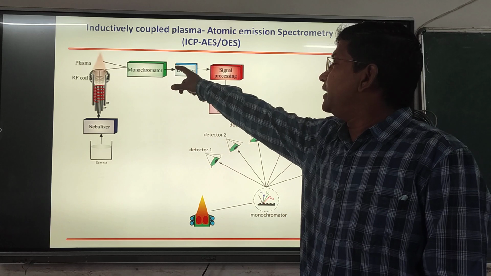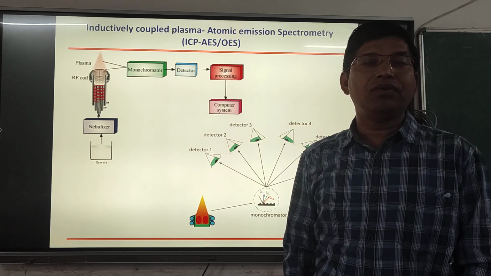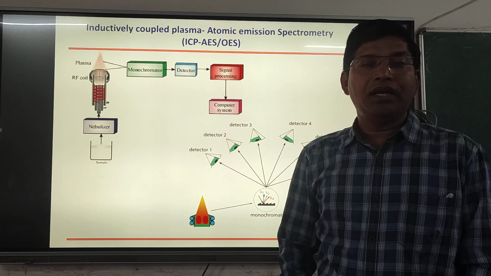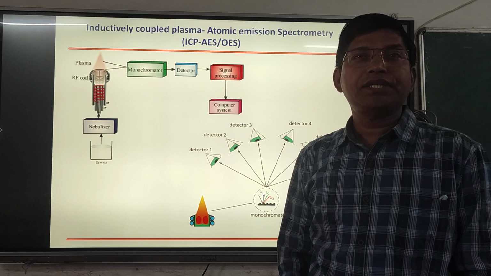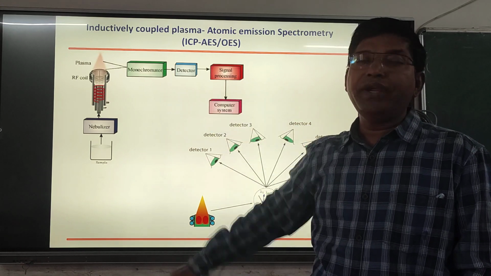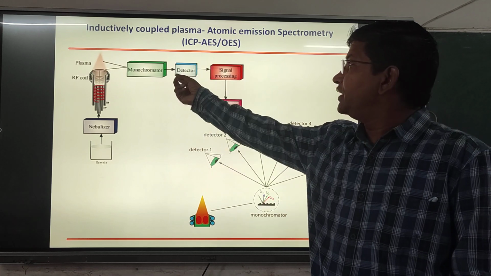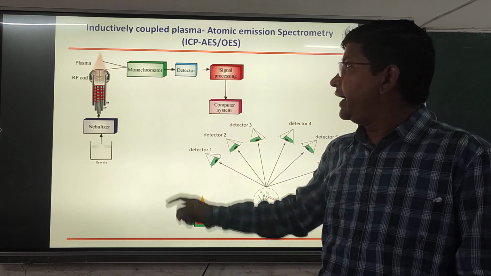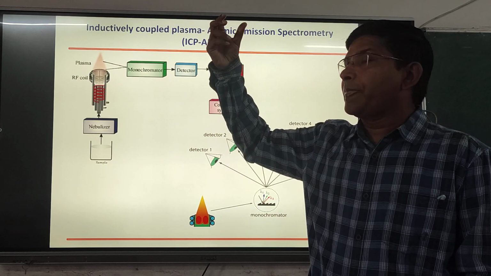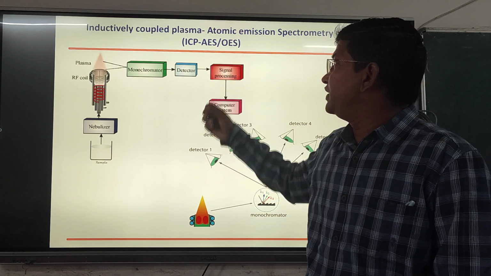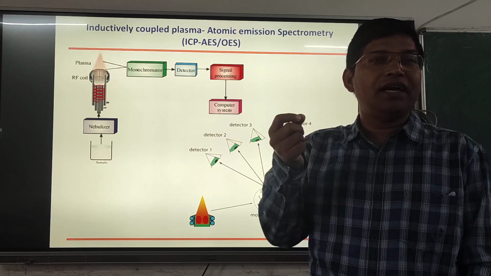And then, suppose you are going to analyze an element like copper, nickel, or zinc, that element will be excited with the help of that plasma, and when that element comes from the excited state to the ground state, it will emit a specific wavelength of light.